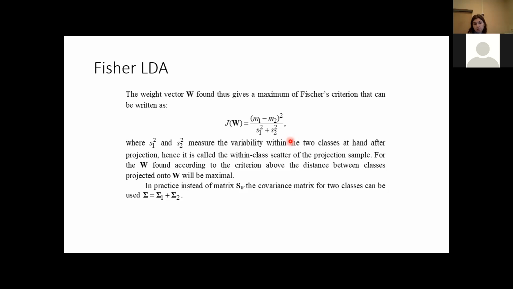It means that you need to solve the problem for the optimal position of the vector. You need to find the distance between three classes, like in pairs. It's better to do M1, M2, M2, M3, but it's better to divide your three classes into two, so to merge some classes into one.